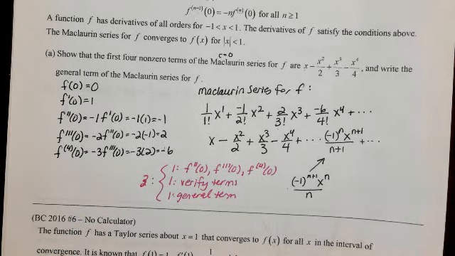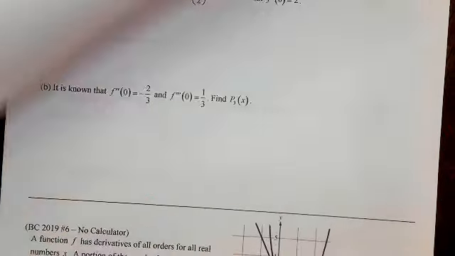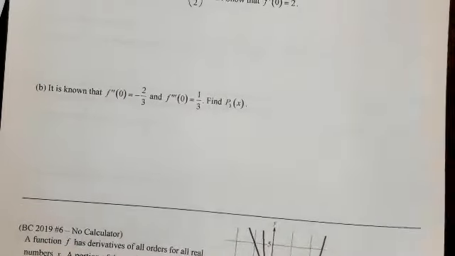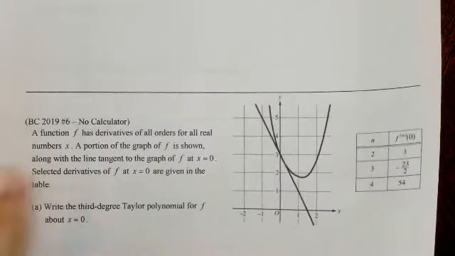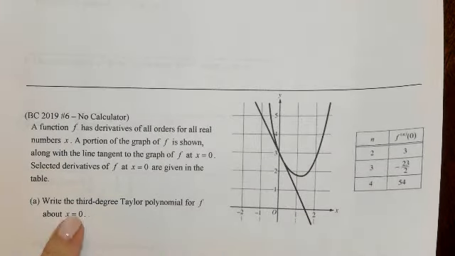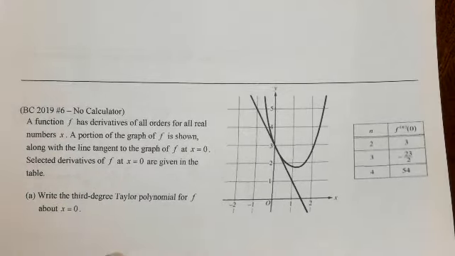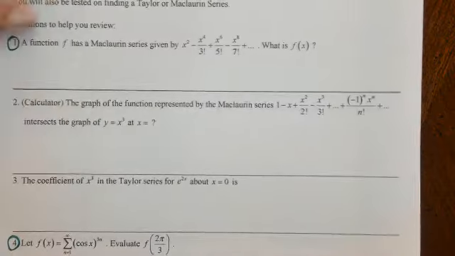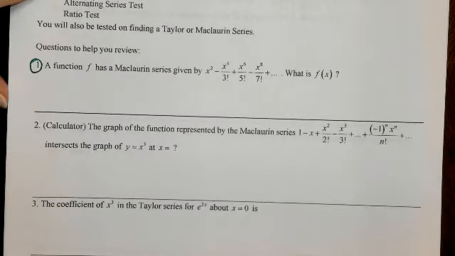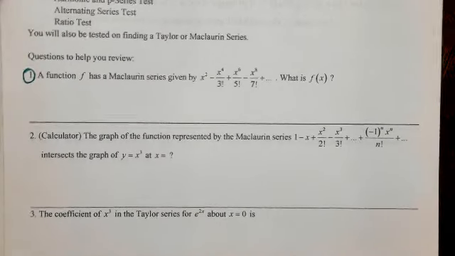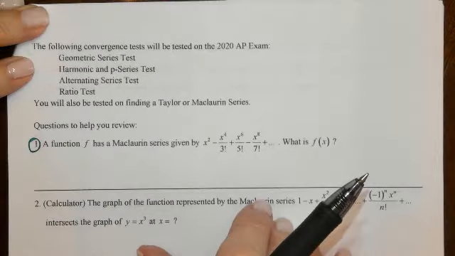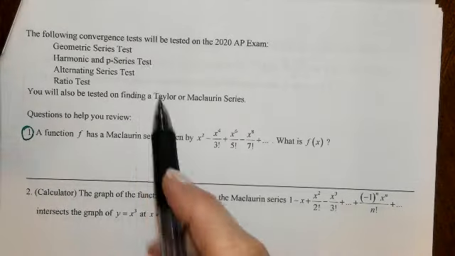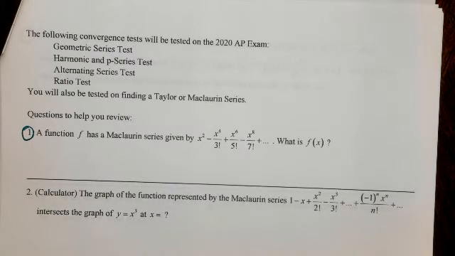Okay. All right. Next up, I'm going to leave those for you to do. Oh, I take that back. In 2019, you could have done the part A, so you'll get a chance to do the one from 2019. That's good. I guess it was 2018 that I had to get rid of. Okay. All right, and then these are just some questions on here, and you can read it on your paper.